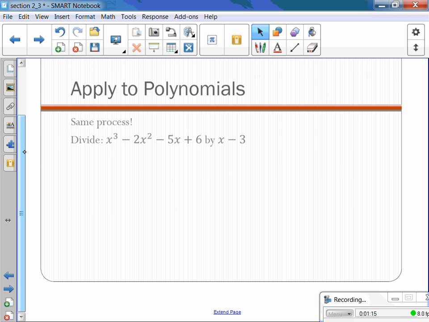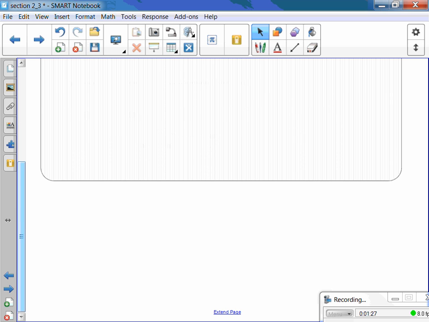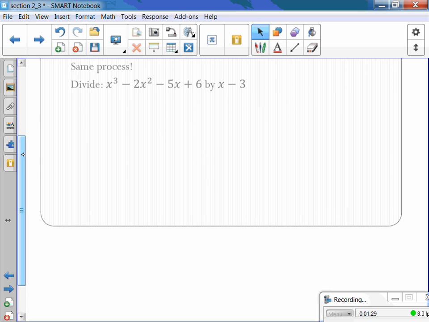No difference, folks. We don't treat it any differently than the example before. So here, I have x cubed minus 2x squared minus 5x plus 6, and I want to divide by x minus 3.